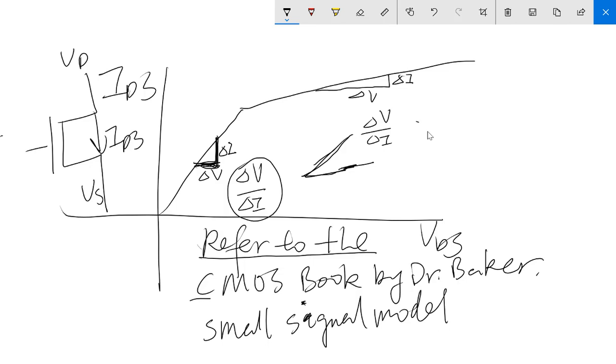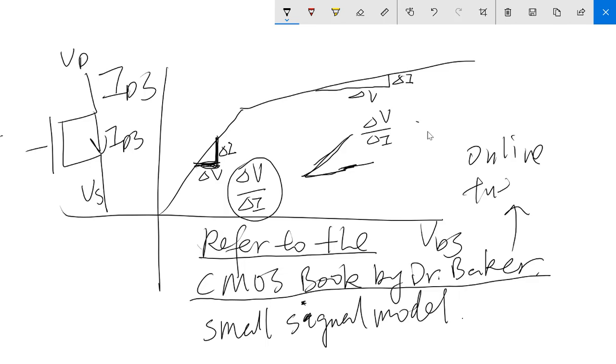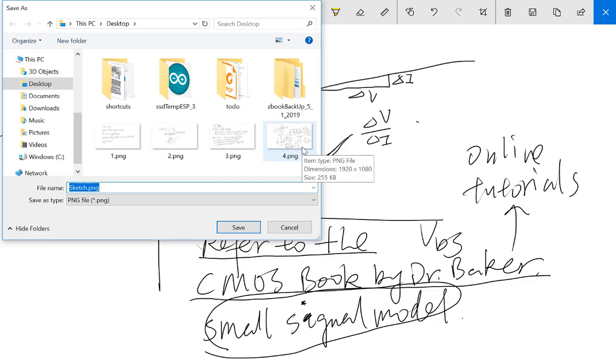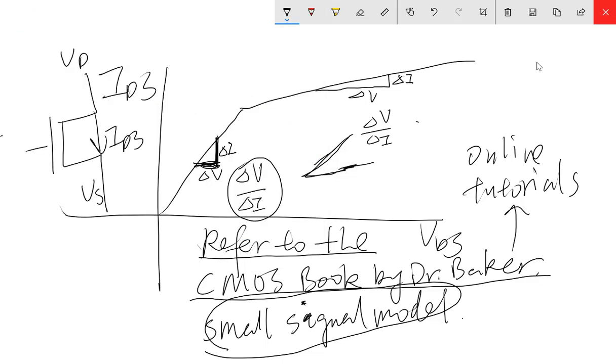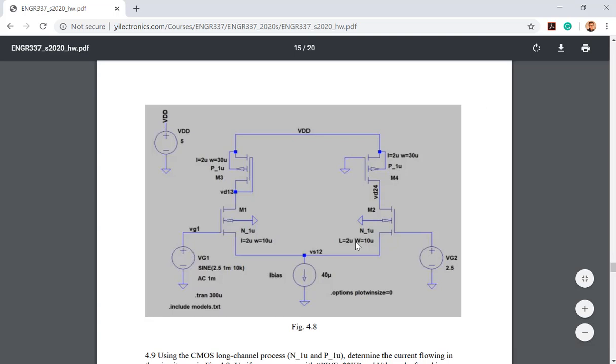You can read the CMOS book by Dr. Baker, or any other resource, online tutorials, or my lectures and notes, whatever. The purpose is just to understand what this is. If you can understand that, whatever way you can make it work doesn't matter. I don't care. So make sure you know how to do the small signal model, and you know how to find the AC voltage gain for the differential pair, and you will be fine for the very last problem.